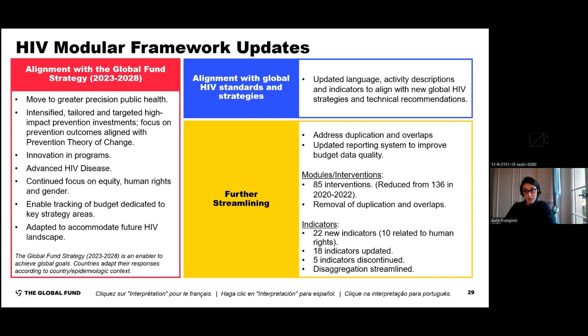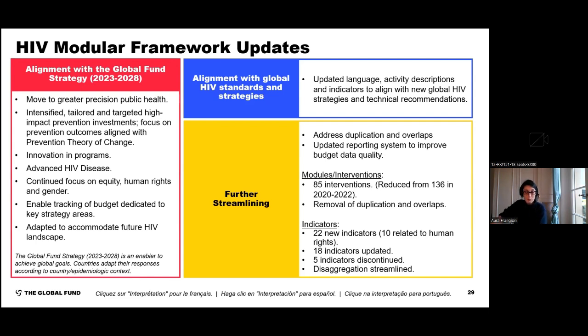On the first point, to align with the new Global Fund strategy, the modular framework reflects the focus on precision public health, the need for improved and intensified prevention investments, and the Global Fund's commitment to advanced disease and sexual and reproductive health.